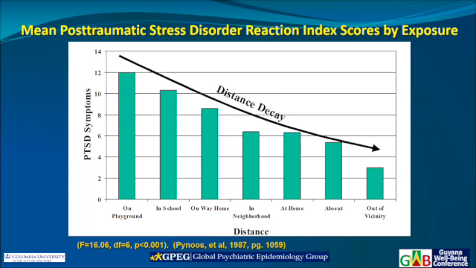He plotted out PTSD by distance to the school: on the playground, in the school, on the way home, in the neighborhood, at home, absent, or out of the vicinity. He noticed that the rates of probable PTSD decreased the further out you got.